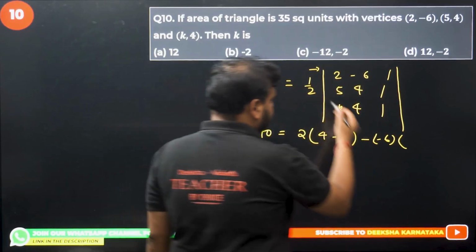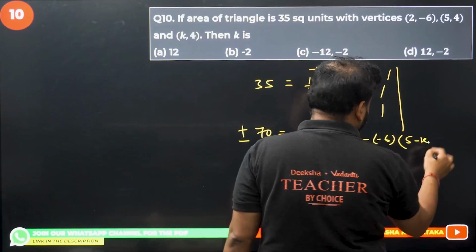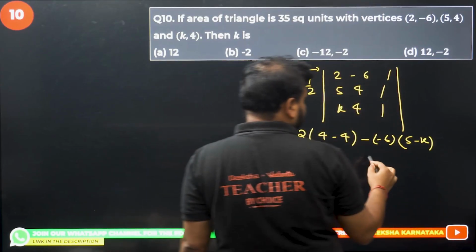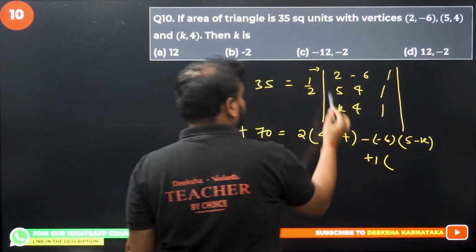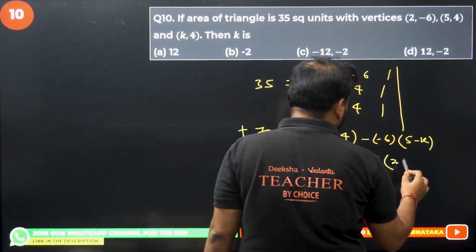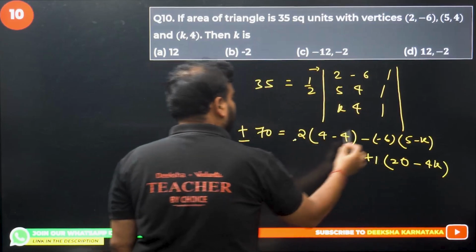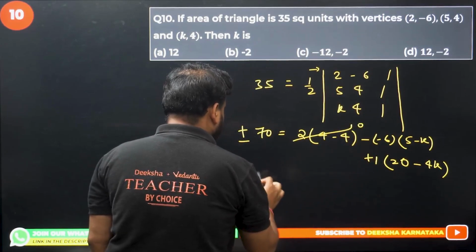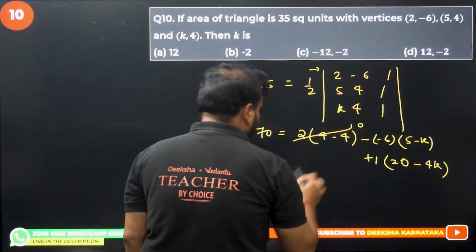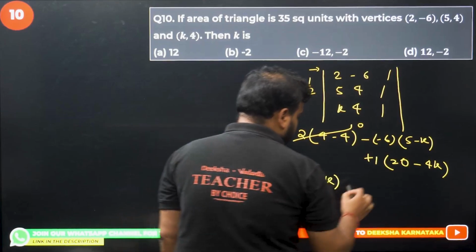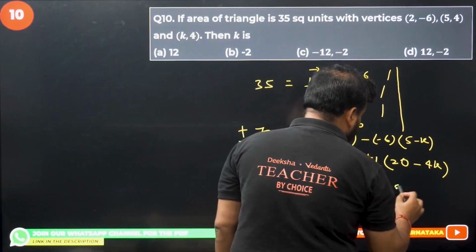We have 5 minus k. All right, and the last one will be plus 1 times 20 minus 4k. This is 0. We get plus minus 70 equals 6 times (5 minus k) plus 20 minus 4k.